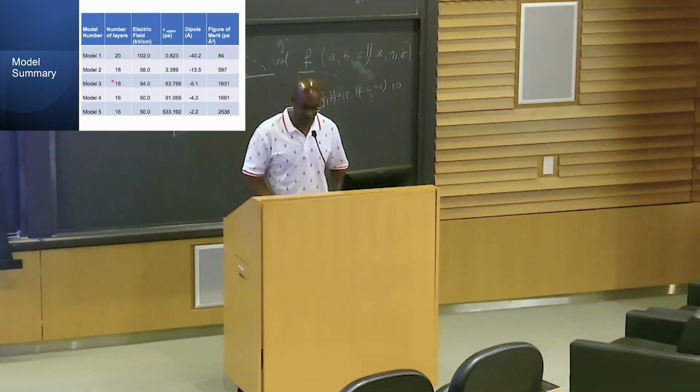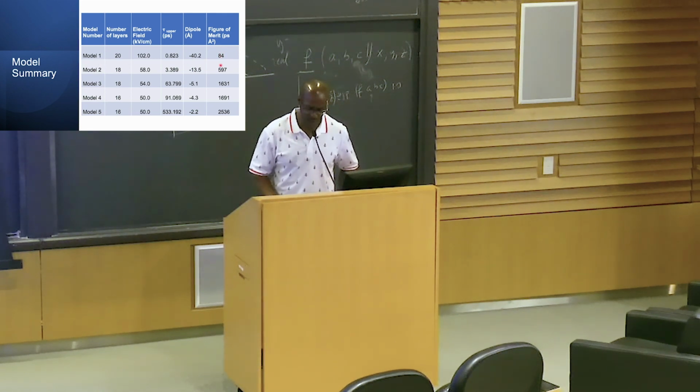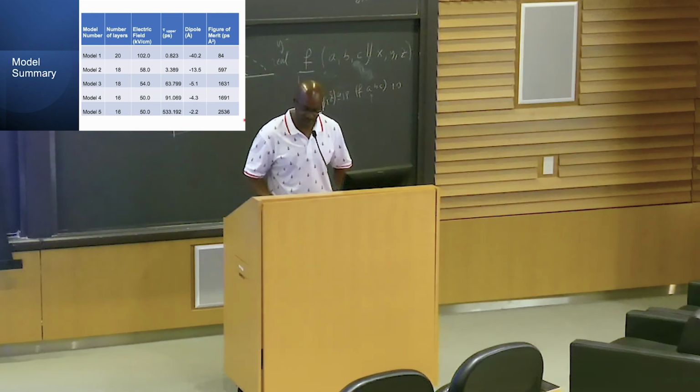If you look at the model summary of each model, my figure of merit increased significantly with each trial. But here you have the dipole. Now the dipole also decreases, which I didn't necessarily agree with, because if you have a smaller dipole, it could disrupt the laser activity.